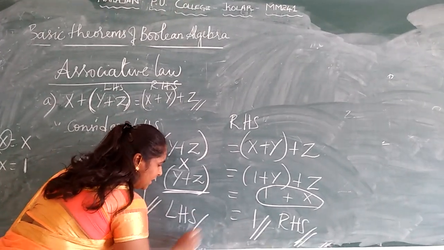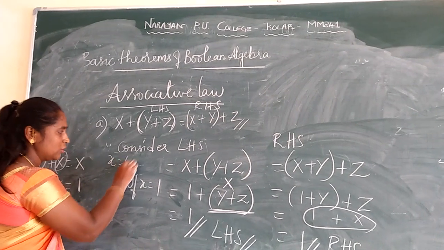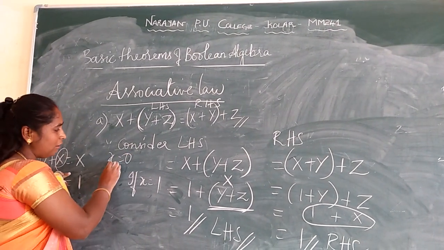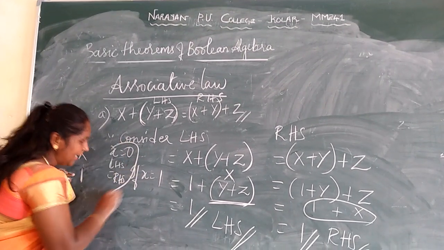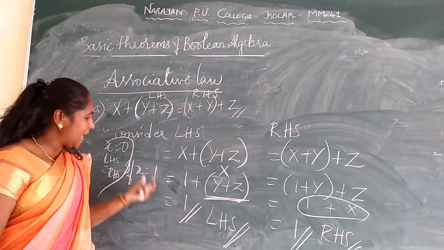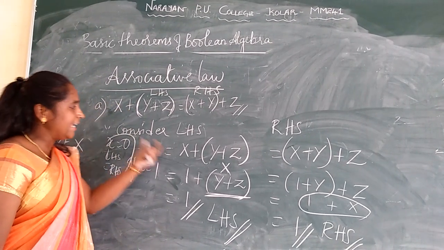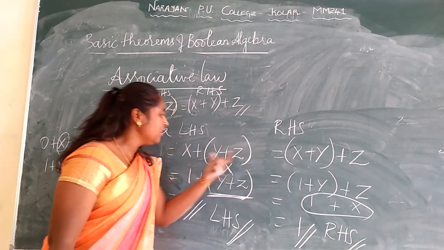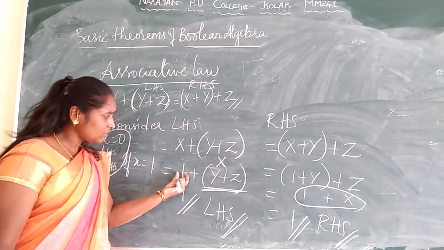Once again I am explaining. For the first condition we substituted x equals 0, and in that condition we showed LHS equals RHS. Now for the next condition you are going to substitute x equals 1. In this I am considering LHS, x plus y plus z, where x equals 1.